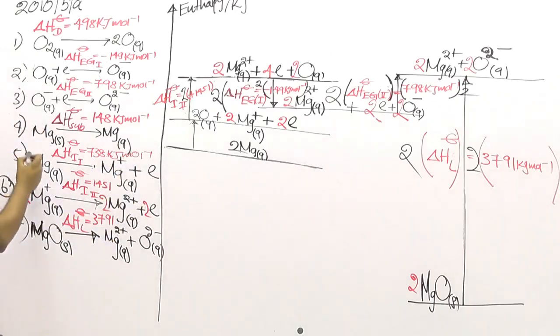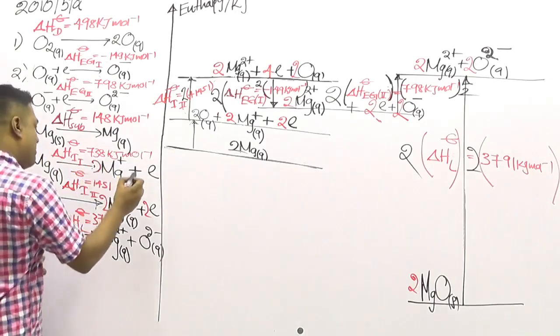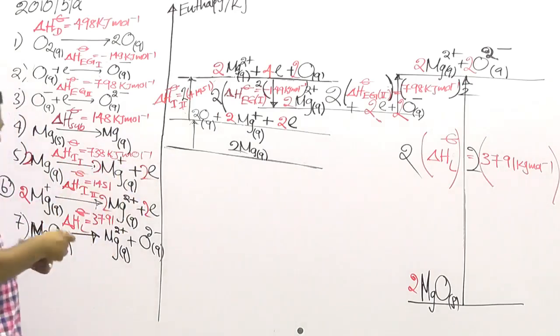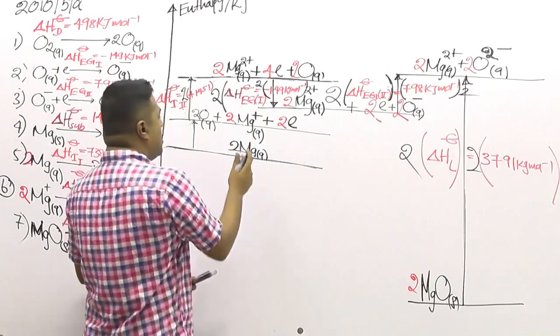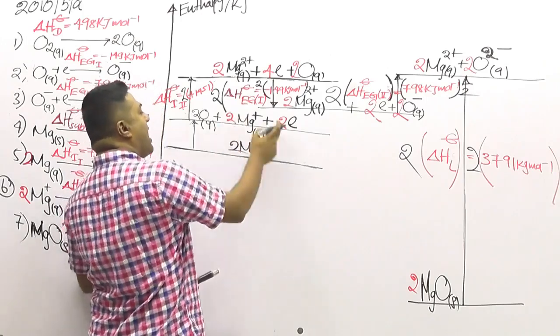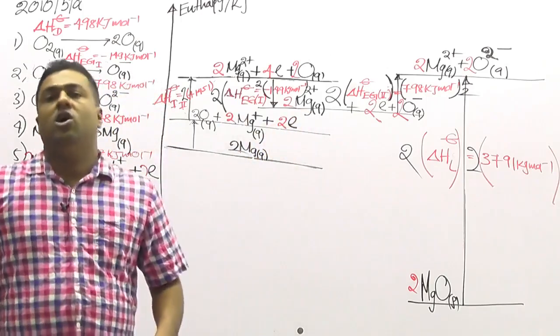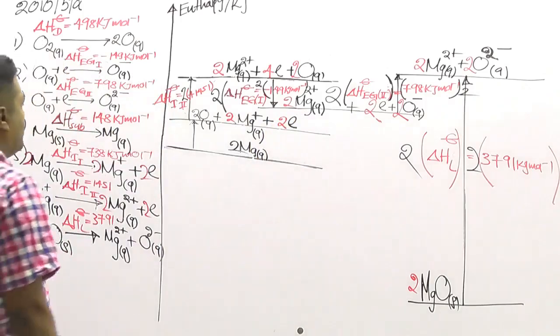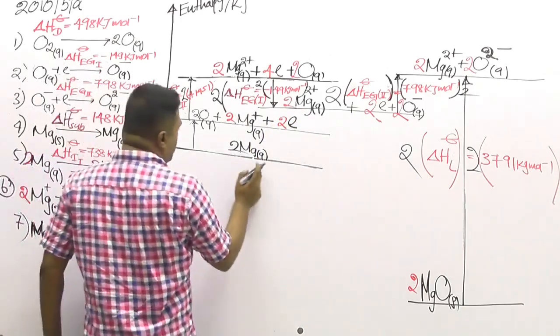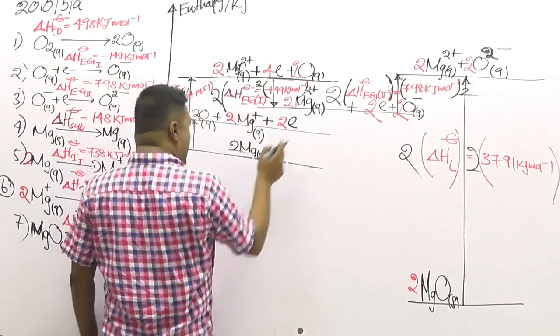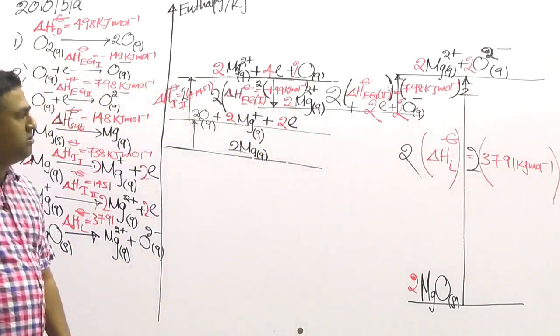So 2 Mg gas produce 2 Mg pluses and 2 electrons. Okay.